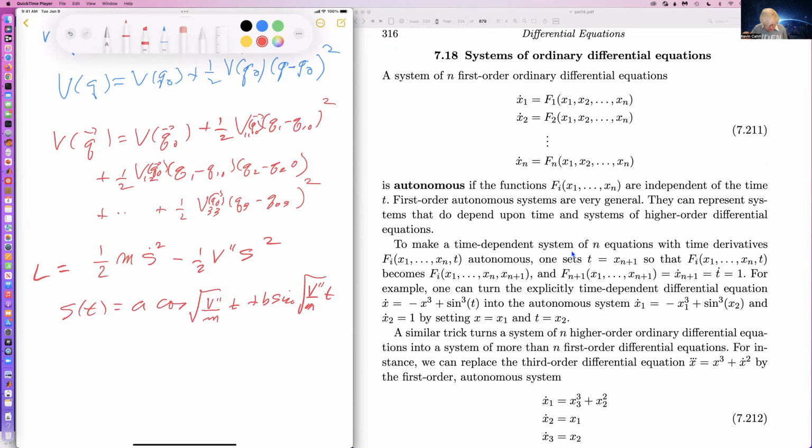And it turns out that this is true not simply of mechanical systems, but also of fields, electromagnetic fields vibrating about some minimum. We often would write these things as some z e to the i square root of v double prime over m t.